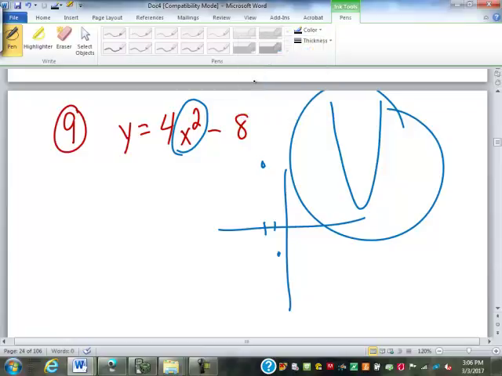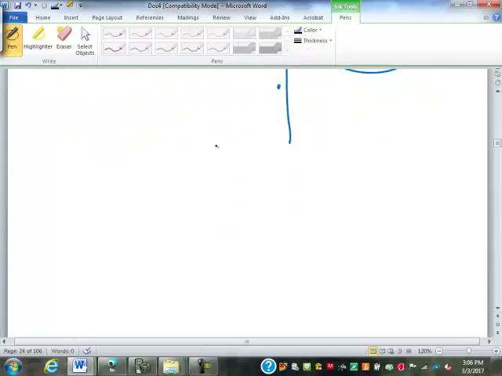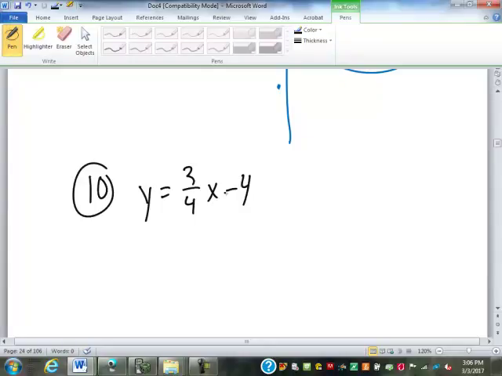Number 10. Y equals 3/4 x minus 4. There's nothing going on here. There's no square root. There's no power on the x. Nothing funny. So one of the things we're going to start out talking about next week, Wednesday, is identifying which equations are going to form lines.